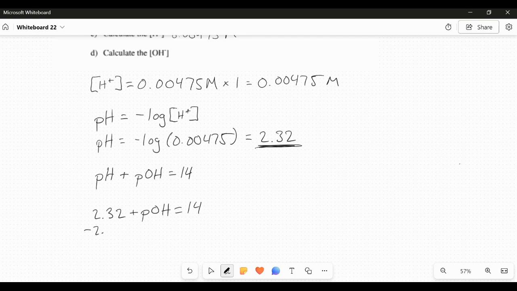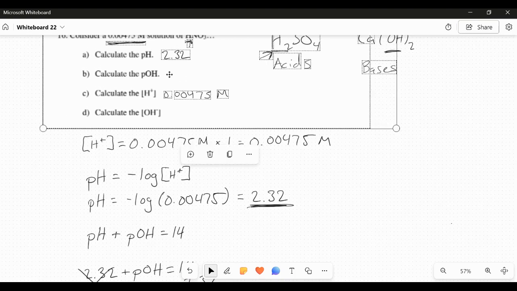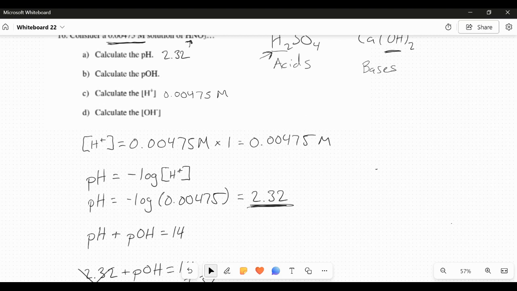If I subtract 2.32 from both sides, I'm using my algebra skills here, it's going to cancel, and I'm going to get 11.68. This is my pOH. So my pOH is 11.68.